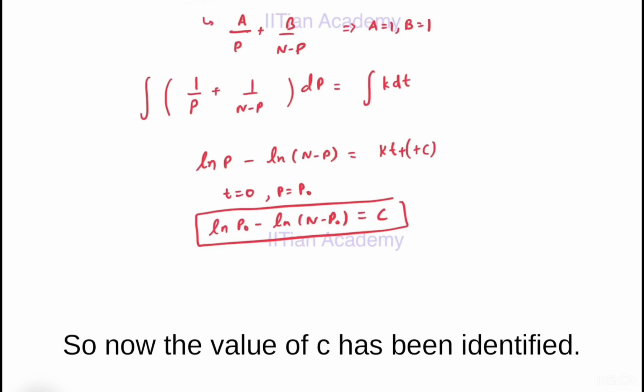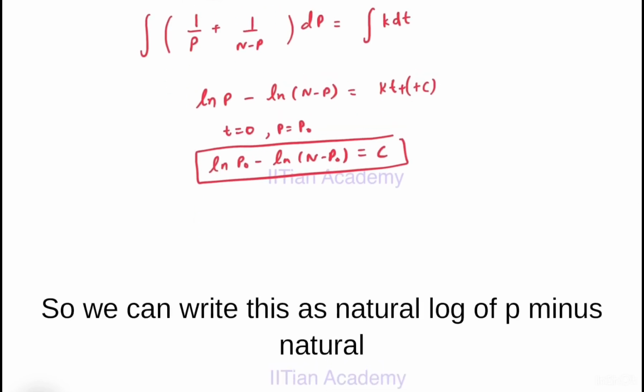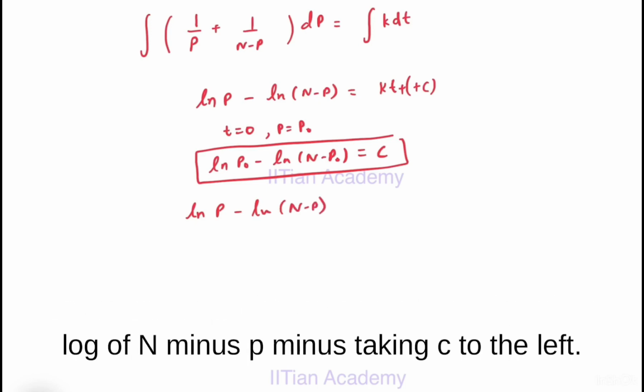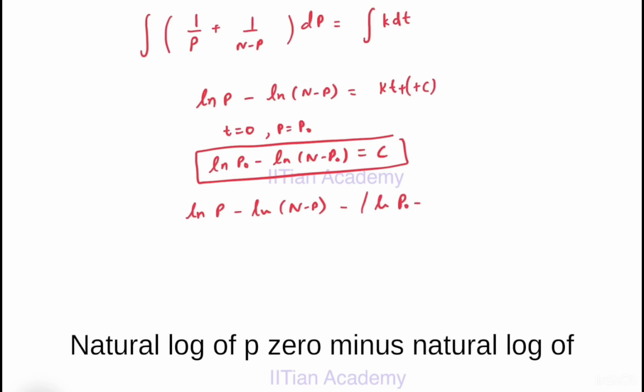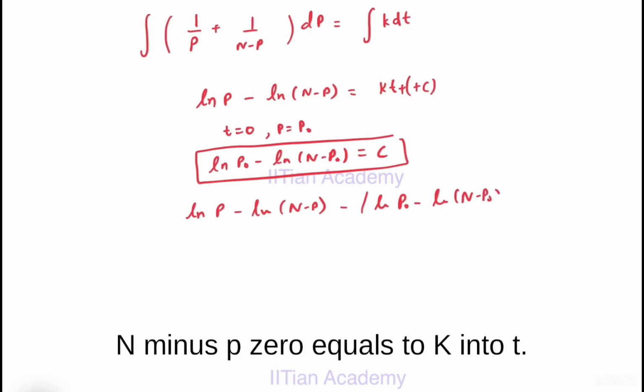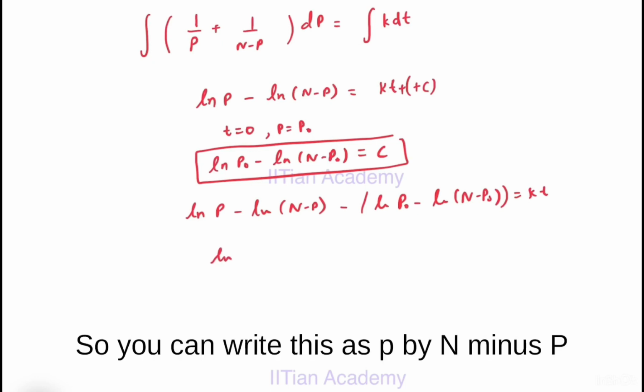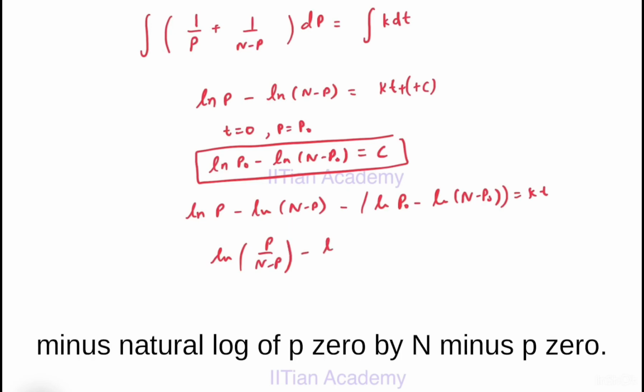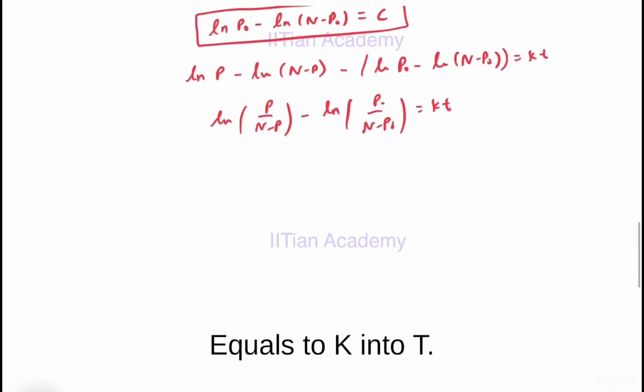So now the value of c has been identified. So we can write this as natural log of p minus natural log of n minus p, taking c to the left, minus natural log of p naught plus natural log of n minus p naught equals k into t. So you can write this as natural log of p by n minus p minus natural log of p naught by n minus p naught equals k into t.